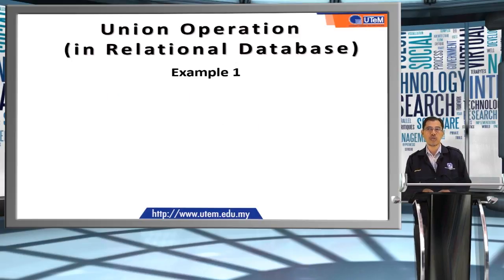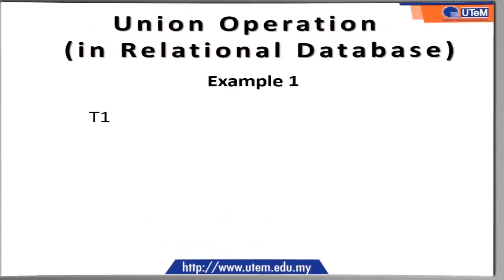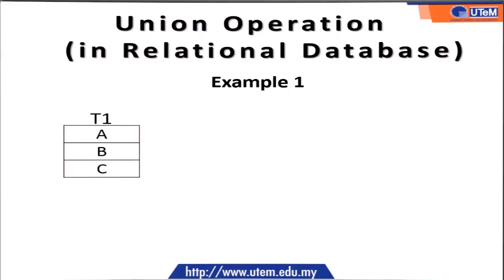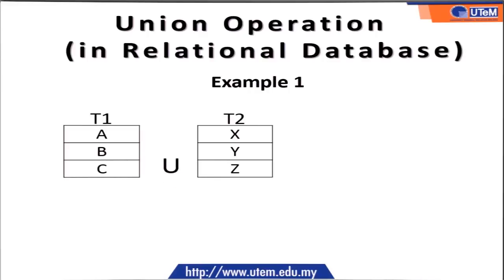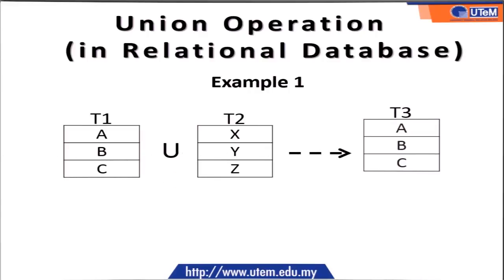In this example, T1 contains row A, B, and C, while table T2 contains row X, Y, and Z. The union of T1 and T2 will produce T3, which contains a copy of all rows from T1 and a copy of all rows from T2, and eliminates duplicate rows. But in this example, there are no duplicate rows.